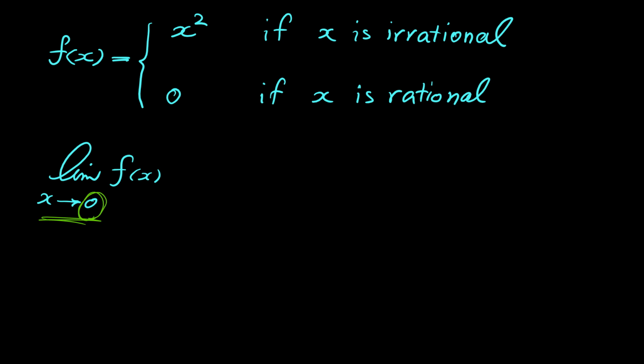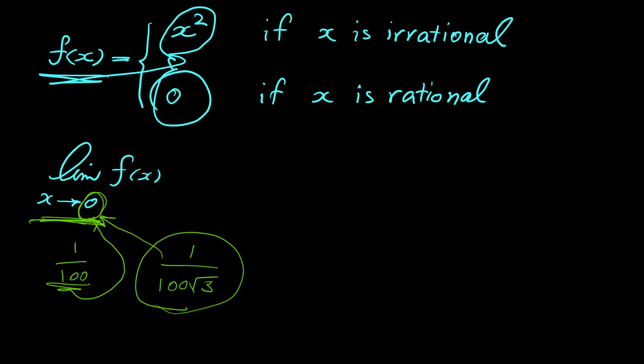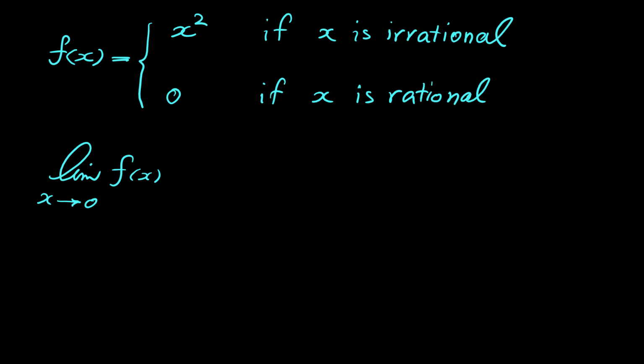For example, 1 over 100 is a number that is close to 0. But 1 over, for example, 100 radical 3 is also a small number close to 0. So when x approaches 0, we don't know whether the function f is x to the 2 or 0. We don't know which equation we have to consider for f.